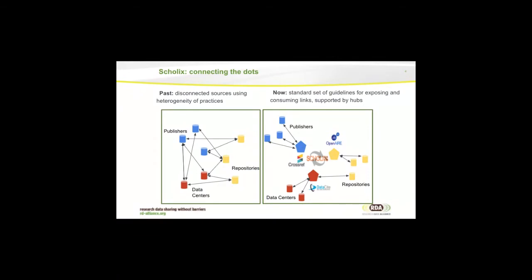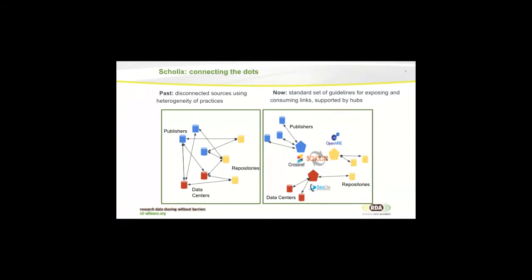So as said, in the past, links between data and literature were communicated using lots of different practices. So maybe a bilateral agreement between a repository and a publisher, or a repository and a data center and a publisher.